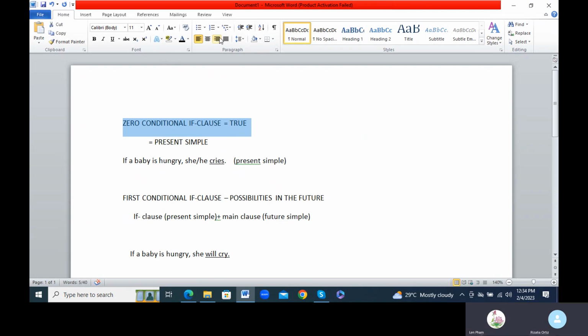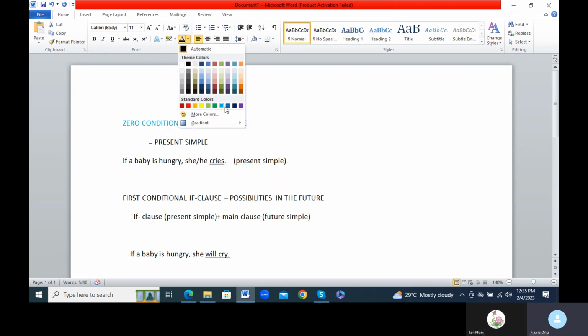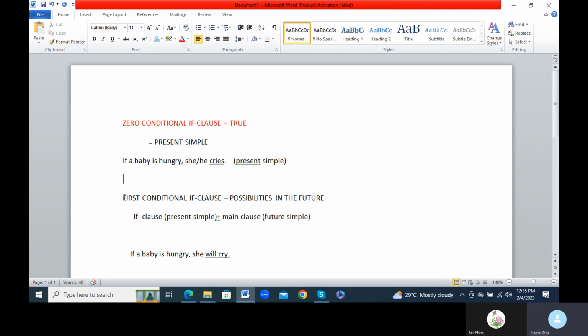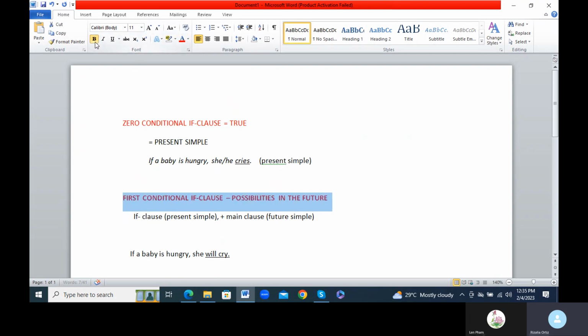Both in the zero conditional and the first conditional, the present simple is used after if. If is seen at the beginning of the sentence, so do not forget the comma there. Are you following? Okay, that's good. So I will highlight this so it's clear to you.